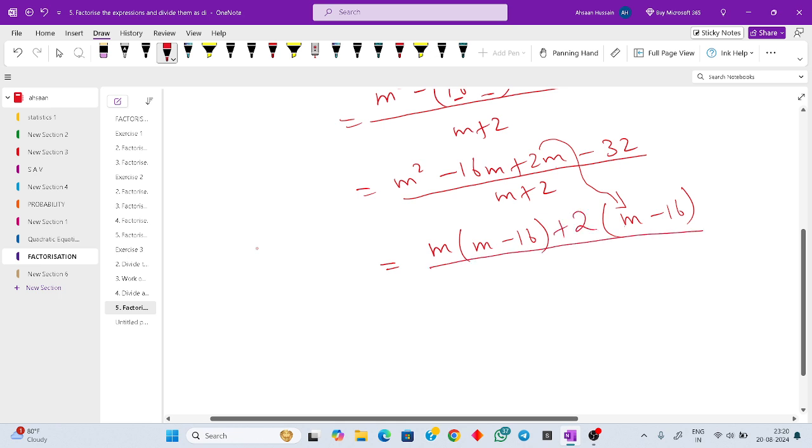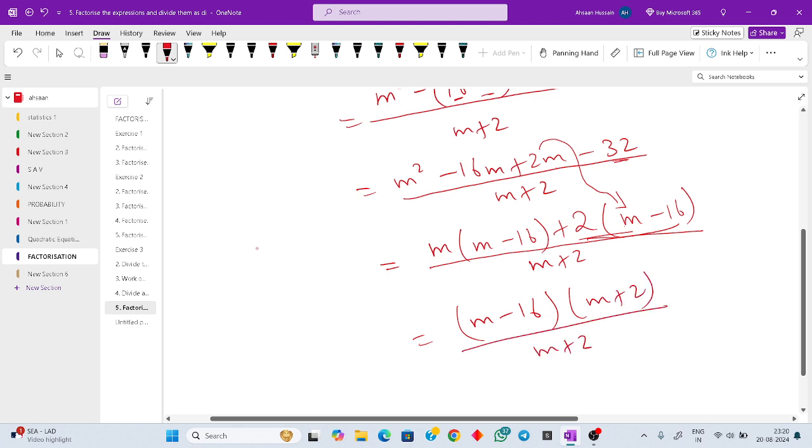So see, 2 multiplied by m is 2m, and 2 multiplied by minus 16 is minus 32 as well. So here m minus 16 is common, and m plus 2 is left. So the answer will be m minus 16.